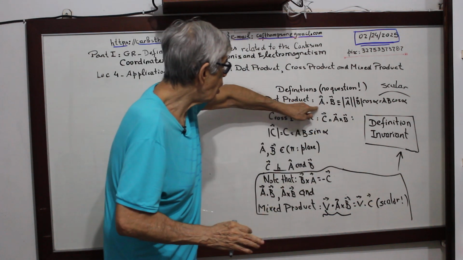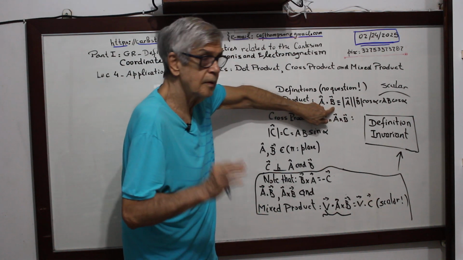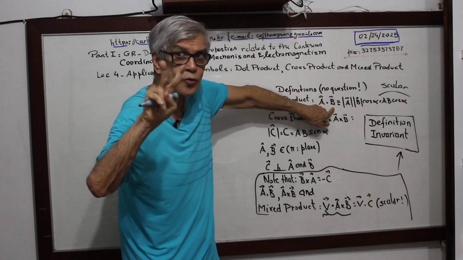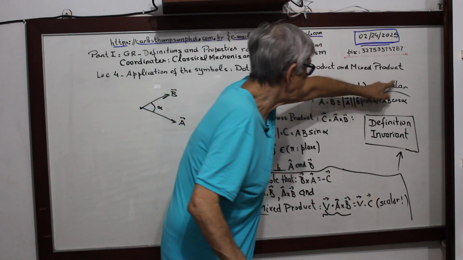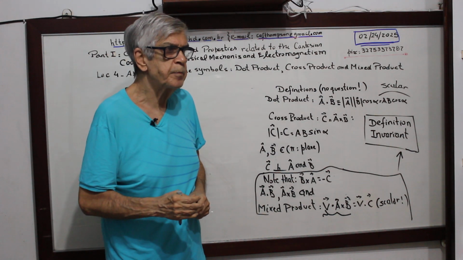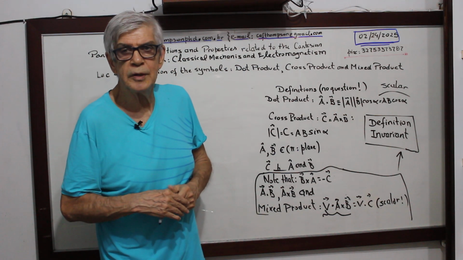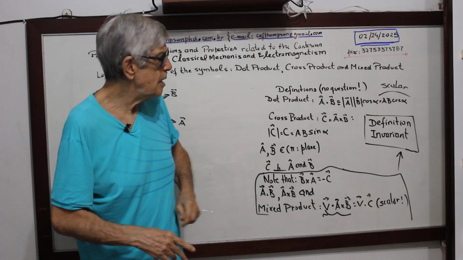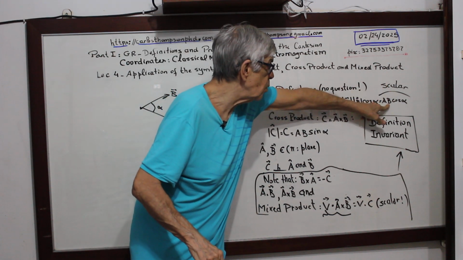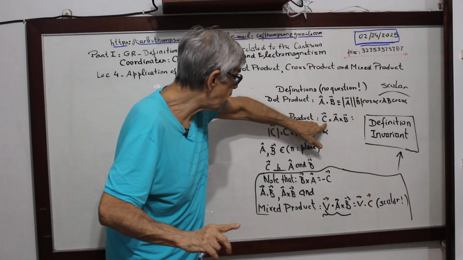By definition, the dot product A dot B is a scalar quantity. You're going to see later that the dot product will not always be a scalar. But when I have two vectors, then it will be a scalar quantity. Cross product is not a scalar, it's a vector.